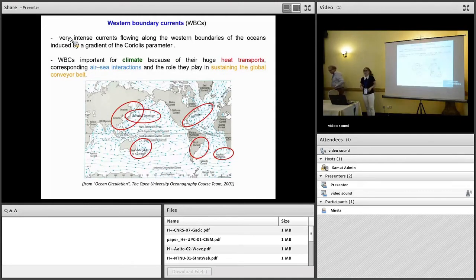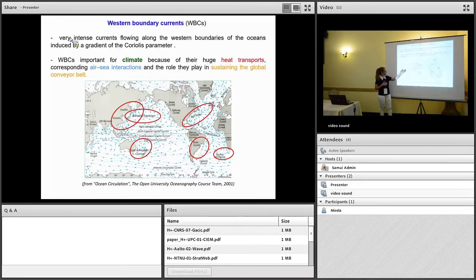So what are western boundary currents? Western boundary currents are very intense currents that flow along the western boundaries of the oceans and that are induced by a gradient of the Coriolis parameter between the equatorial regions and the poles. We have two main examples of such currents.